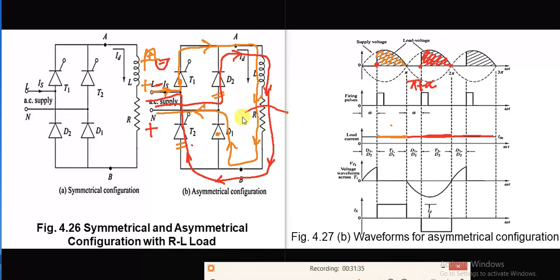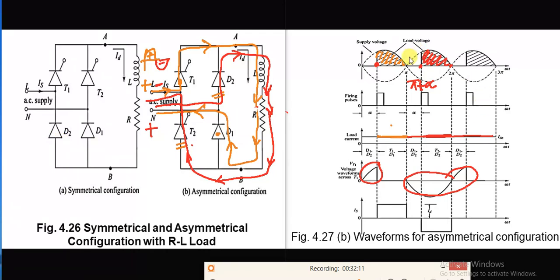And when the SCR is off, we will obtain the voltage across the SCR. So this is all about the working of symmetrical and asymmetrical configuration with RL load, eliminating the use of freewheeling diodes, because these diodes in the asymmetrical configuration as well as in the symmetrical configurations are performing the freewheeling action.